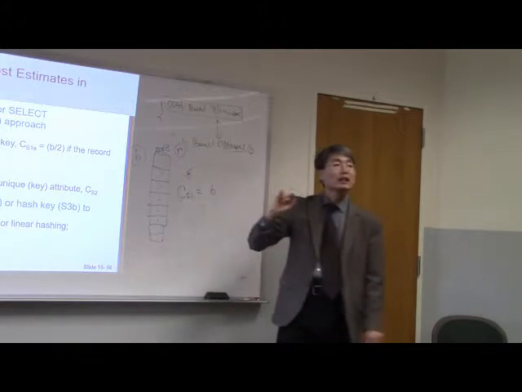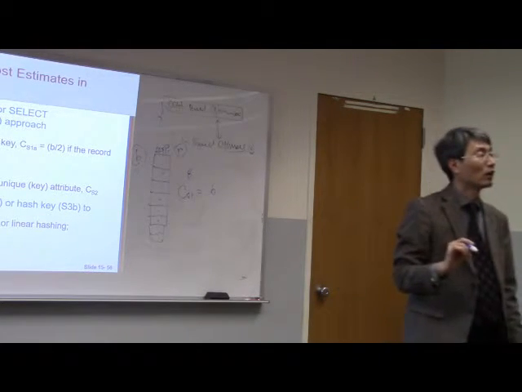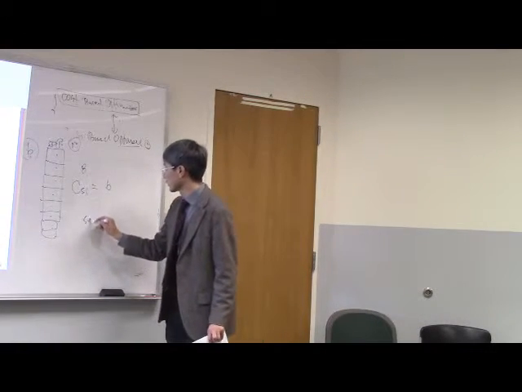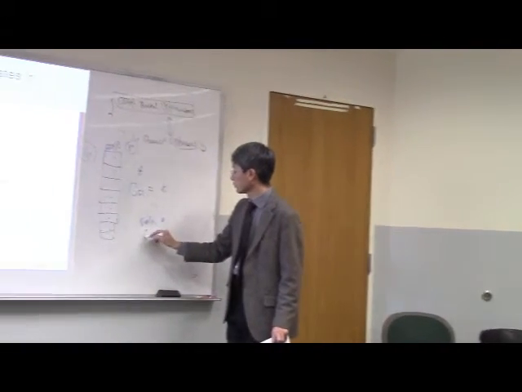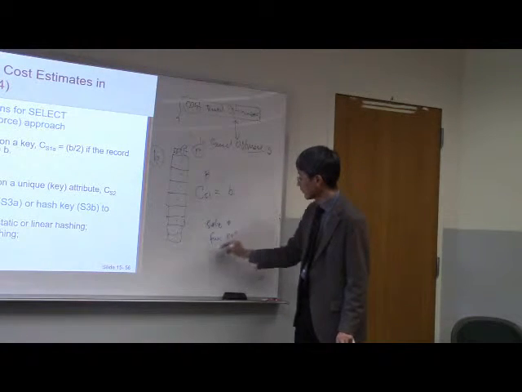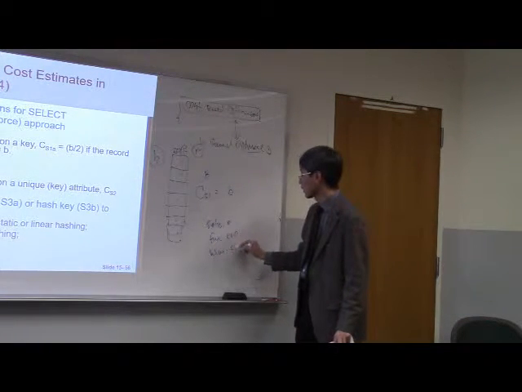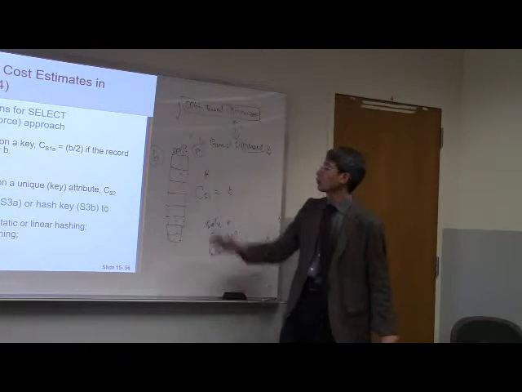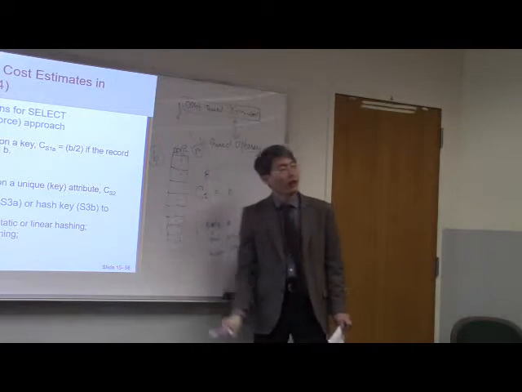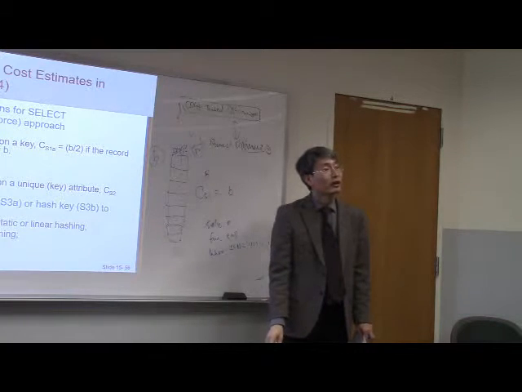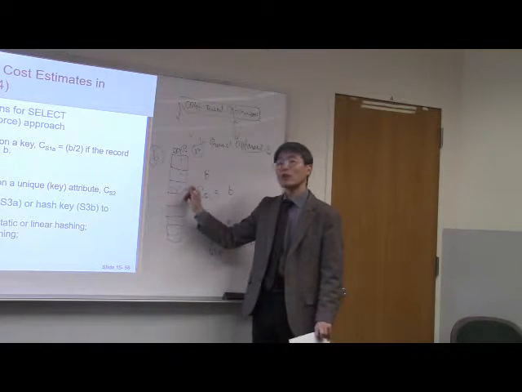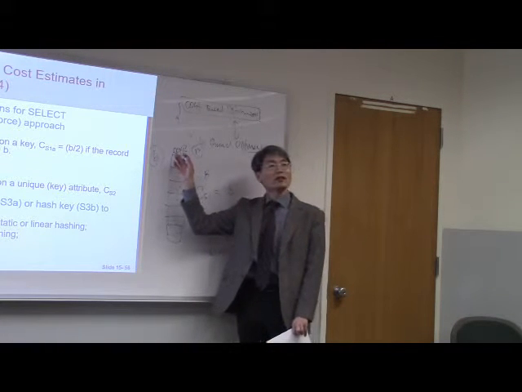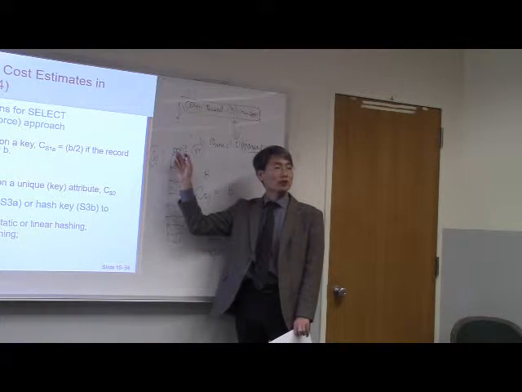However, if you select the data using select from employee where SSN is equal to 11111, you don't have to read the entire set of blocks, right? Once you find 1111, you can stop. If you are lucky, you can find the data in the first block.